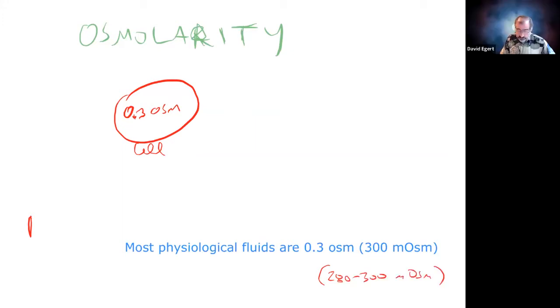But if you have a cell, let's say one of your blood cells, and you have the same amount of osmolarity inside and outside, what's going to be the net movement of water? If you have the same number of particles inside versus outside, and this is my cell membrane, what is the net movement of water due to osmosis?